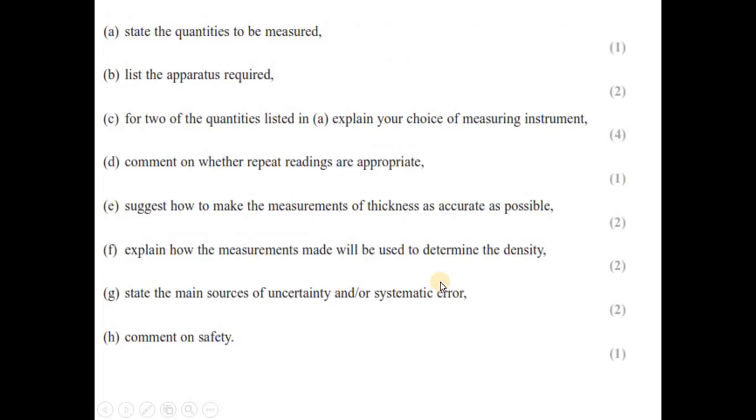You should include all these things. So state the quantities to be measured. Remember, what do we need to do? We need to find the density of a glass slide, and density is mass over volume.